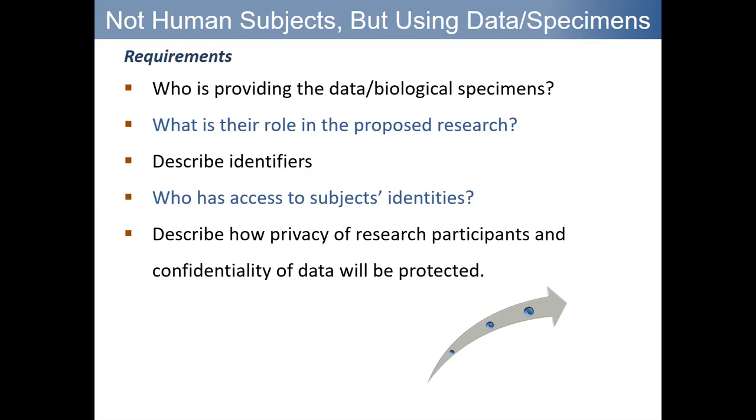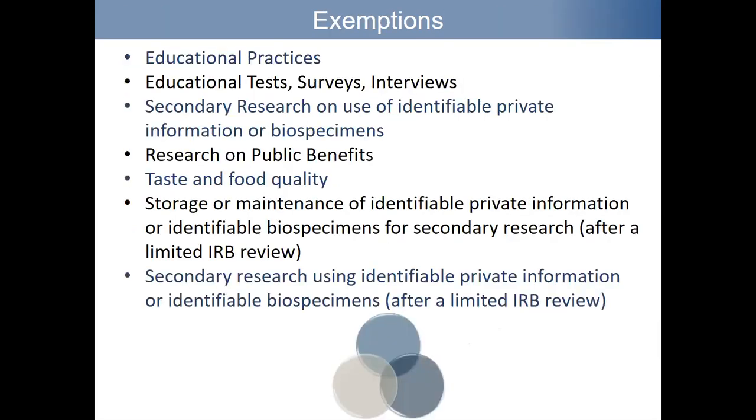Just something to keep in mind: in all instances you want to make sure you are protecting human subjects' data and biospecimens, and that there are appropriate protections in place depending on the type of data and specimens being provided or utilized.